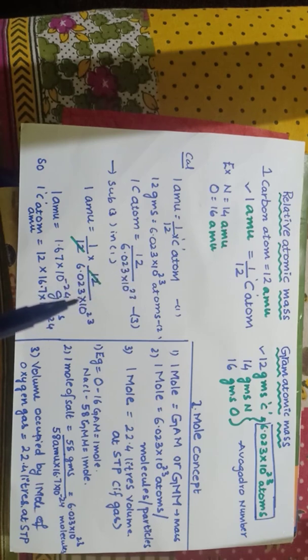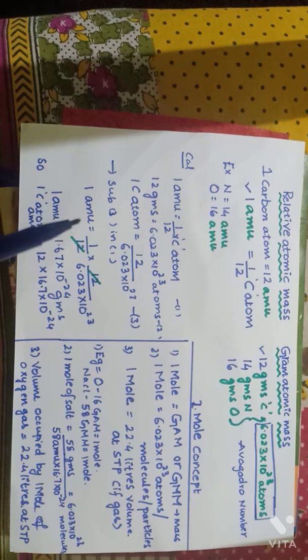Just substitute over here, and 12 and 12 will get cancelled, and we get 1 AMU is equal to 1.67 into 10 power minus 24 grams. That means in a weighing balance, if we put 1 atomic mass unit on one side, the amount of carbon on the other side should be 1.67 into 10 power minus 24 grams. So 1 AMU is equal to 1.67 into 10 power minus 24 grams.